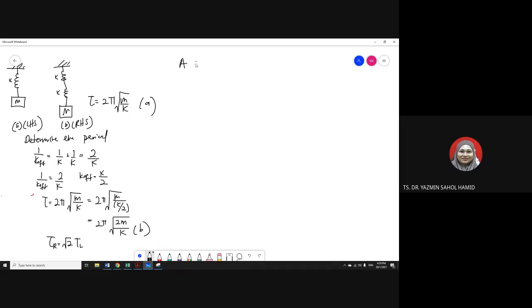A 50 kilogram upper block moves between vertical guides as shown.